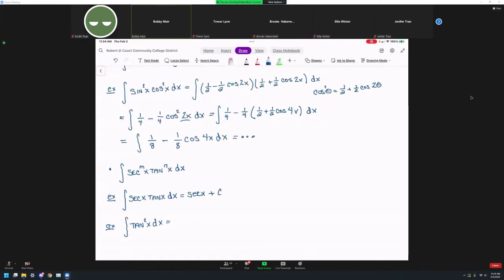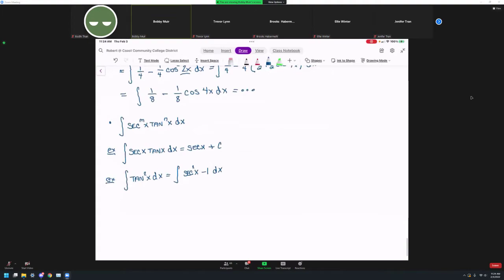You just use an identity. Tan squared plus 1 is secant squared. So this is secant squared x minus 1 dx. And so that's tan x minus x plus a constant c.